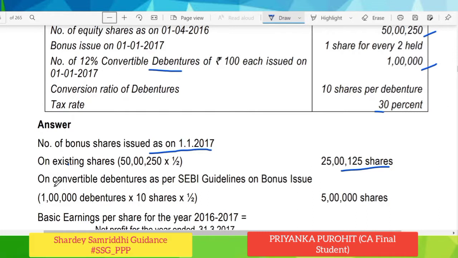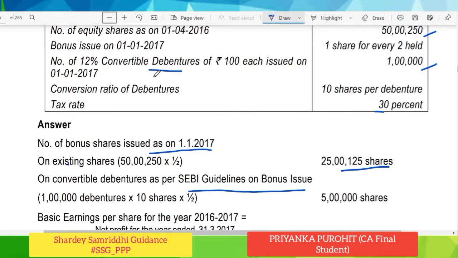Also on issue of convertible debentures, as per SEBI guideline on bonus issue, 1 lakh debentures into 10 into half, because one share for every two held.